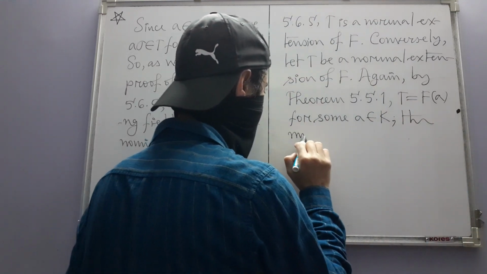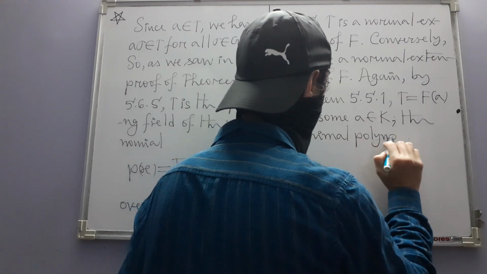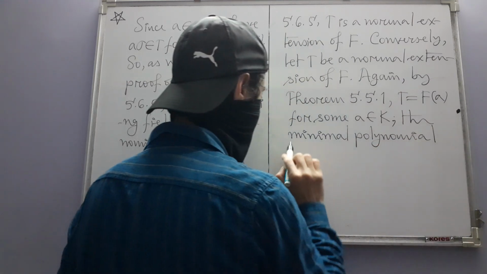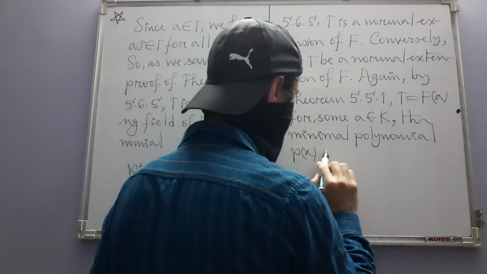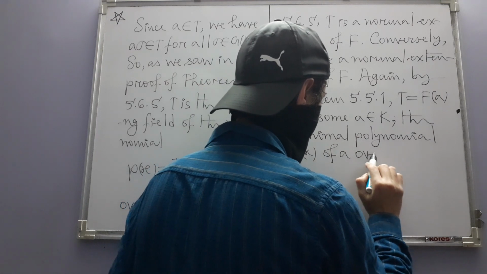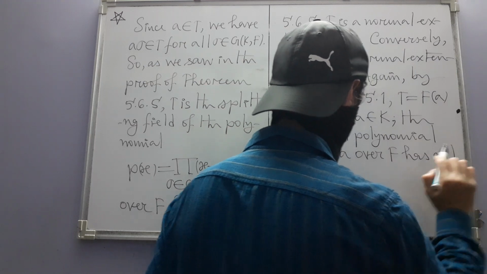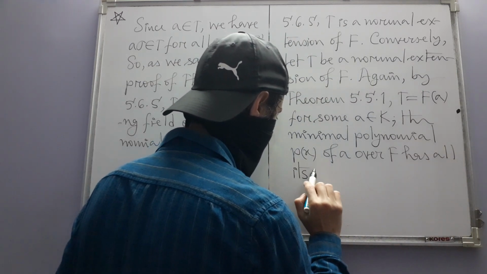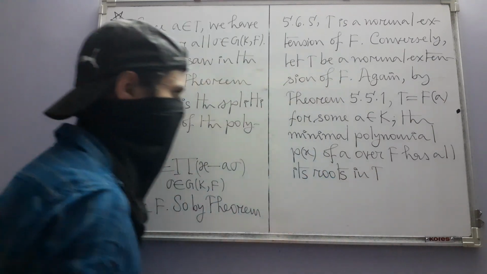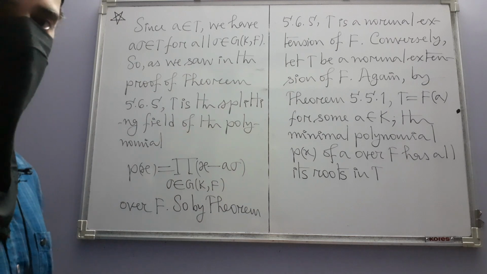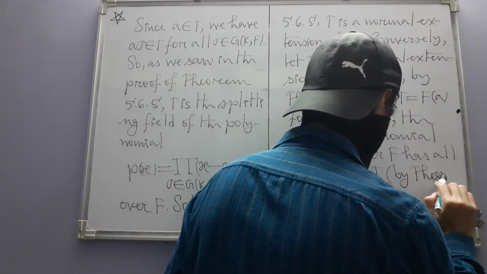The minimal polynomial, let us call it Px, of A over F has all its roots in T, because T is a normal extension of F, by again, theorem 565.